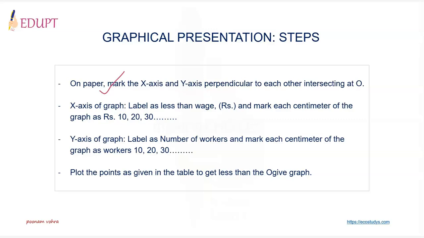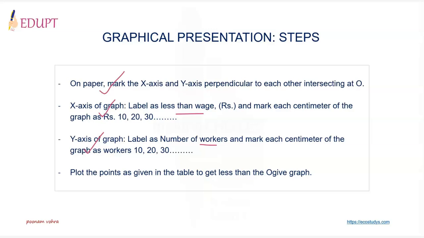Then next, on x-axis of the graph, label less than wages and mark each centimeter of the graph as rupees 10, 20, 30 and so on. On y-axis, label it as number of workers and mark each centimeter of workers as 10, 20, 30 and so on.